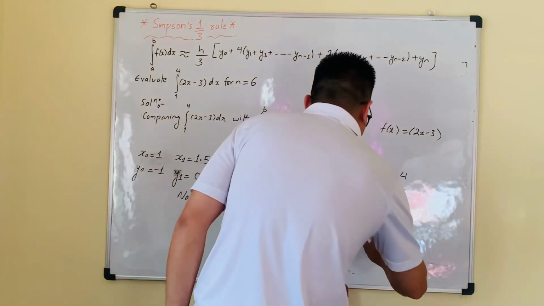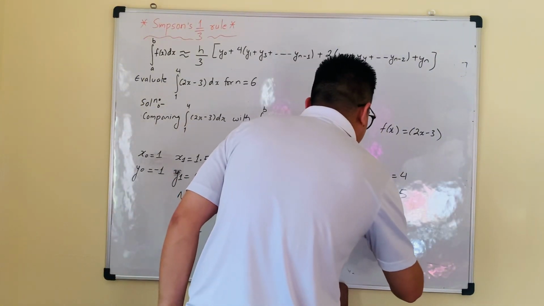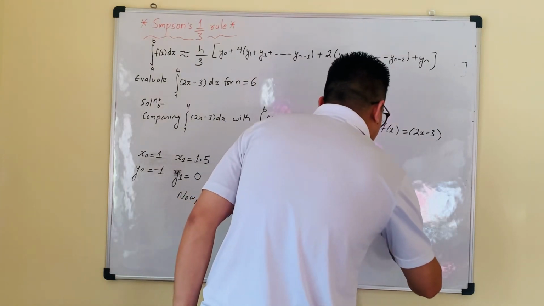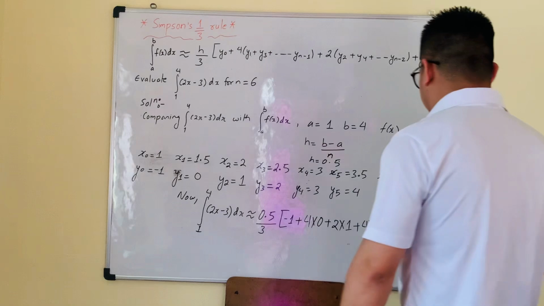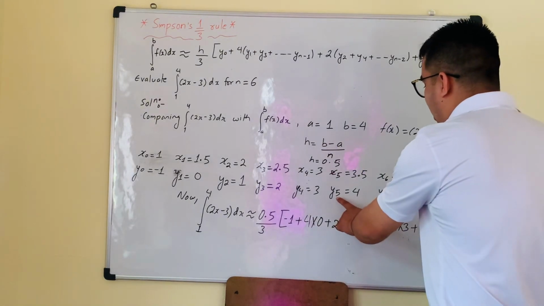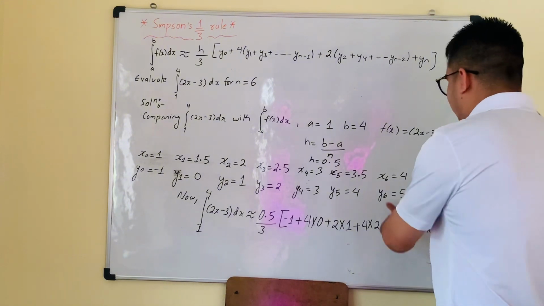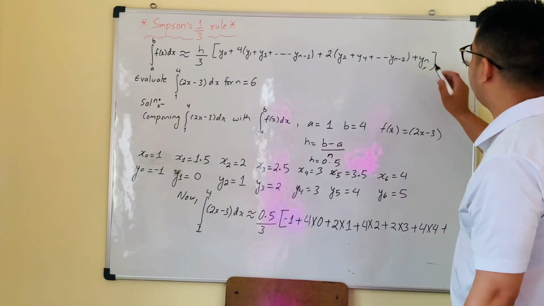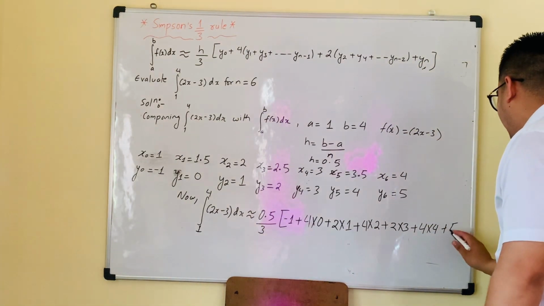So 4 into y3, for y3 we have the value 2, 4 into 2, plus for y4, as it is even, 2 into 3, plus for y5, as it is odd, 4 into 4. At last, y6 in this problem is yn, so it doesn't get multiplied by any number, and we write 5.